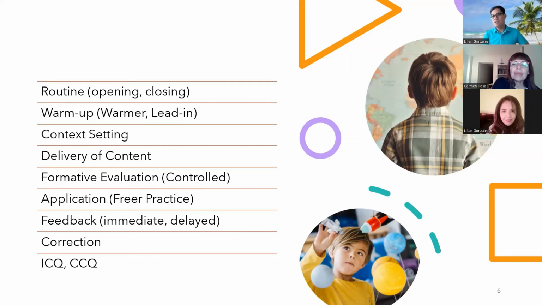Delayed is after the student presented or after they've written their answers, then you give time to yourself to present on the board what needs to be addressed or corrected. When you ask them to finish first, then you give your feedback later.